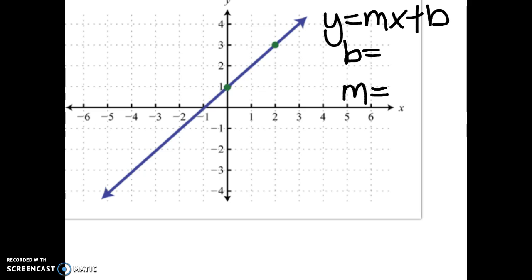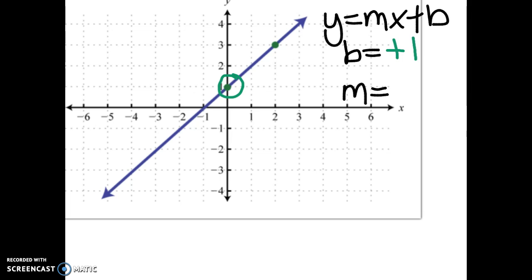Looking for the y-intercept, I'm looking for where this graph crosses the y-axis. Where does this graph cross the y-axis? You guessed it, at positive 1.